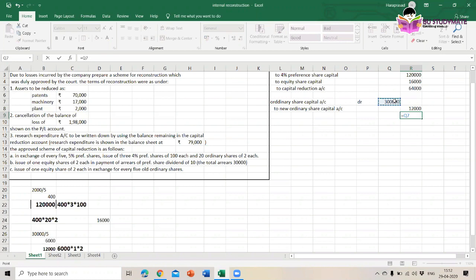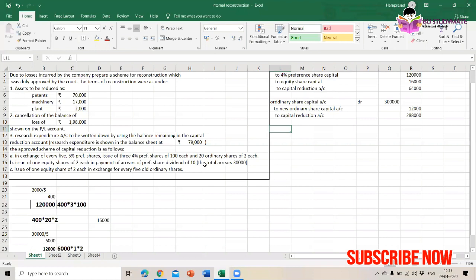And then the third one is about the issue of one equity share of rupees 2 each in payment of arrears of preferential dividend of rupees 10 each. The total arrears is 30,000 rupees. And they are issuing one equity share of 2 each in payment of arrears of preferential dividend.